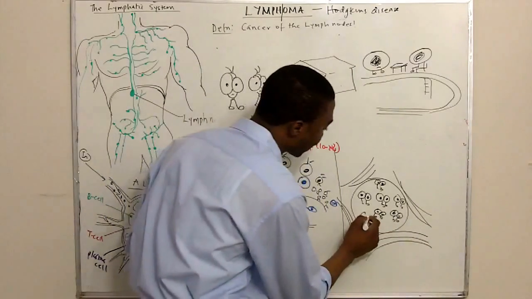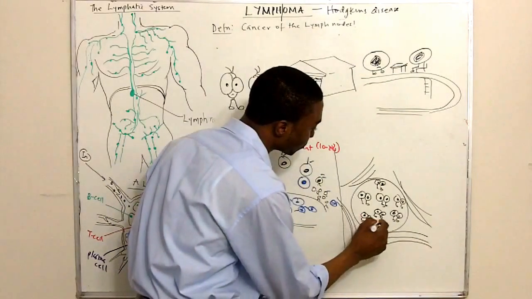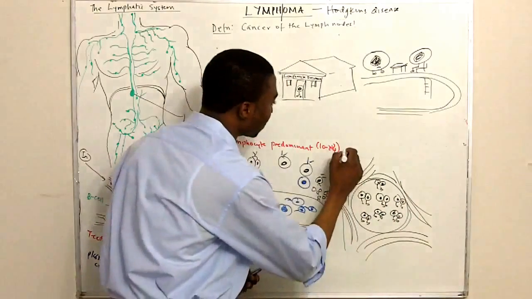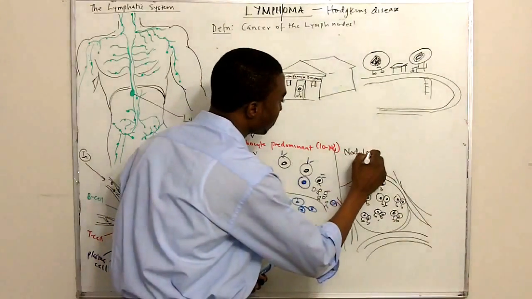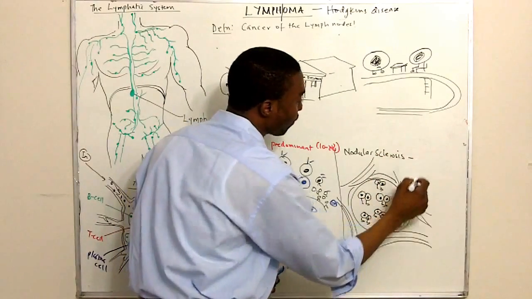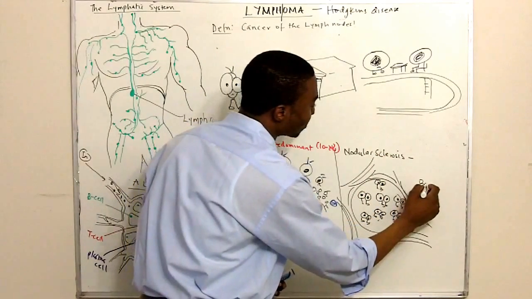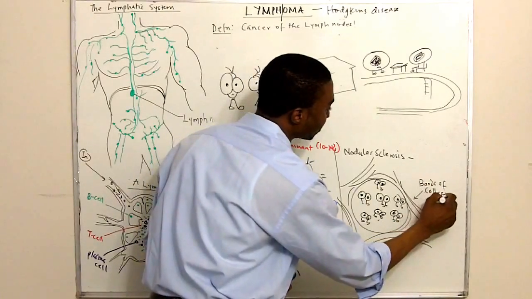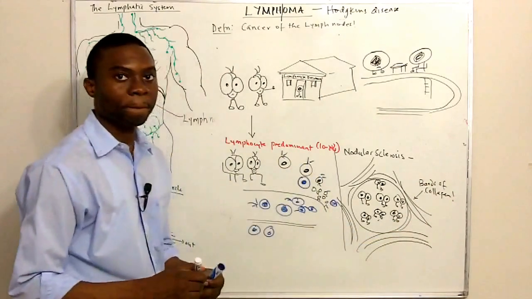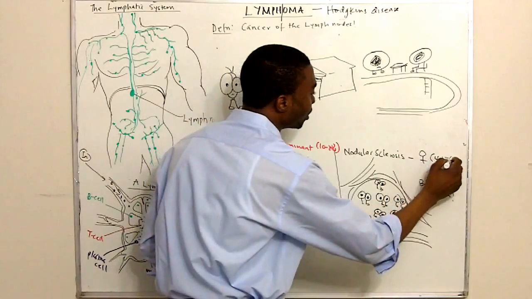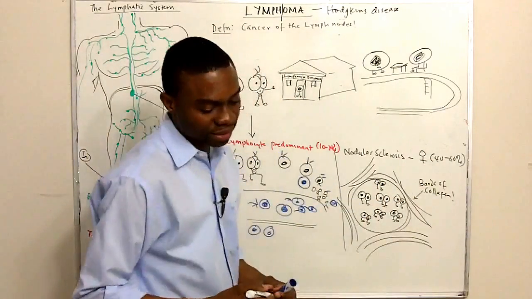So all of them are hanging out in the pool, right? This is the nice, beautiful pool. And this is known as the nodular sclerosis Hodgkin's lymphoma, and this is actually bands of collagen. That's how you remember it. Bands of collagen. This happens in women a lot, about 40 to 60% of the time.